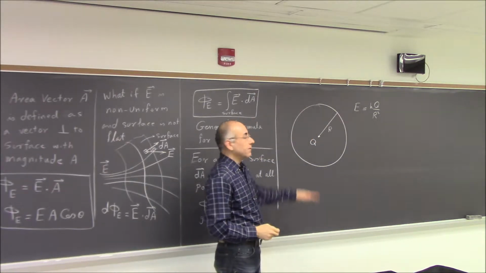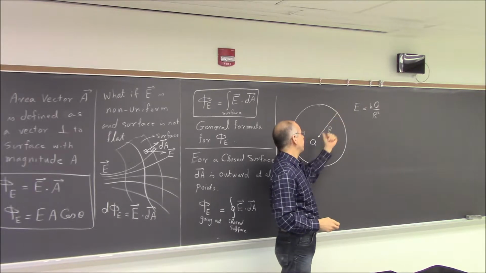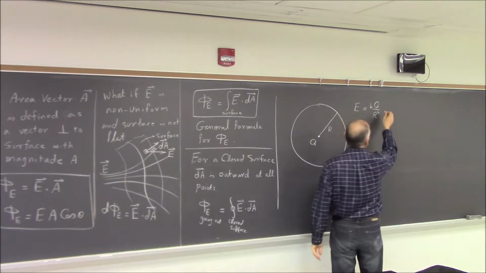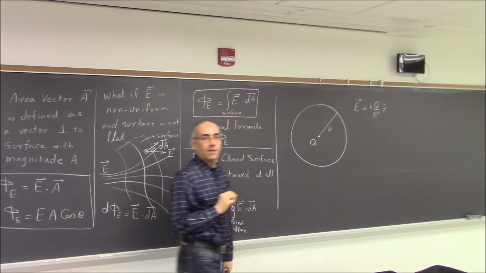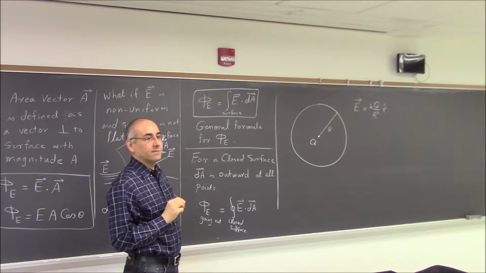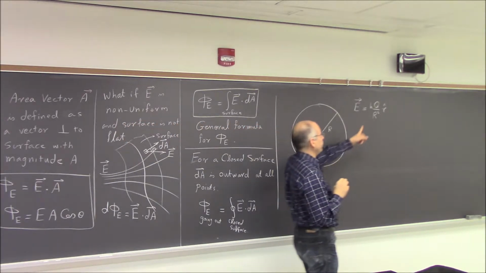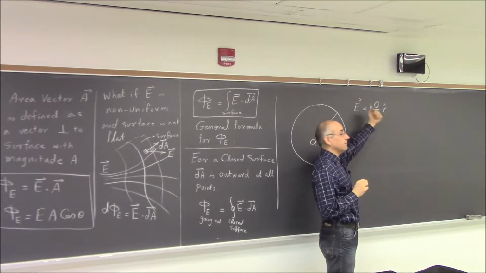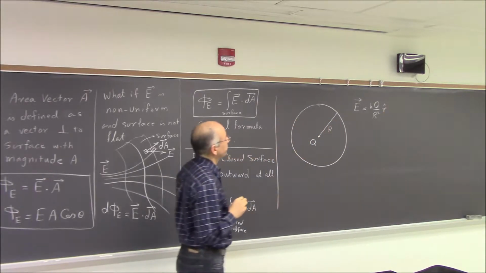And it is also in the radial direction, outward if the charge is positive, inward if the charge is negative. So if I put the r hat in here, it also shows the direction. It works if q is positive or negative. If q is negative, it is inward. If it's positive, it is outward.